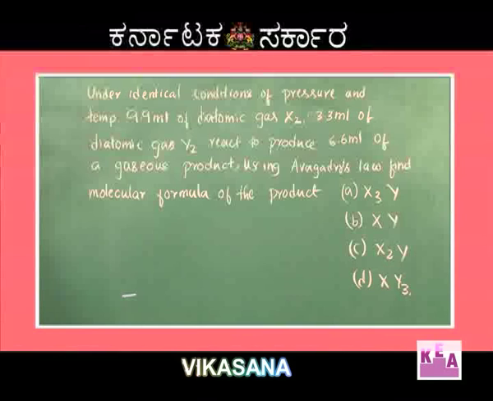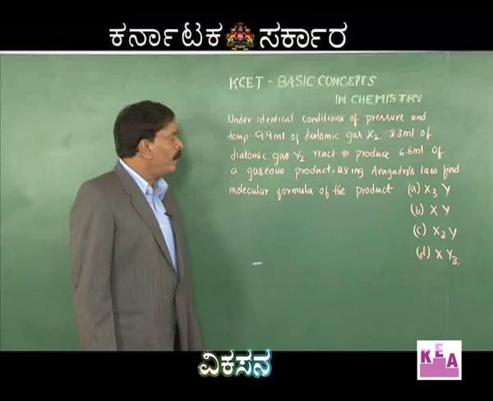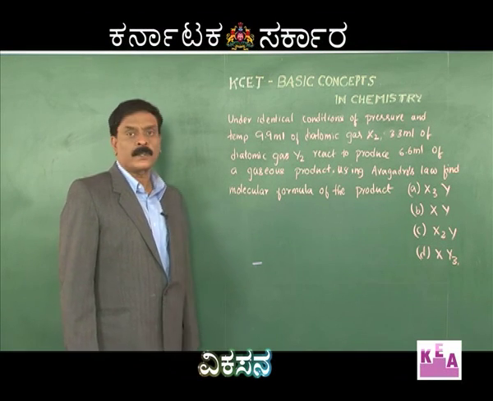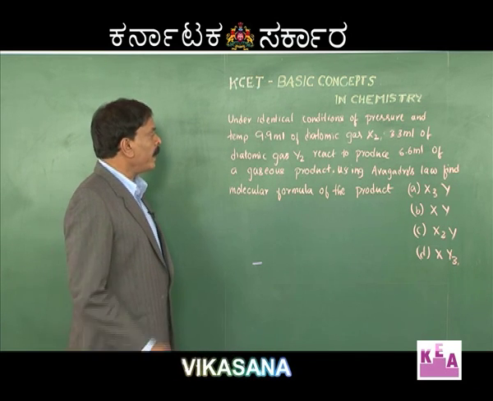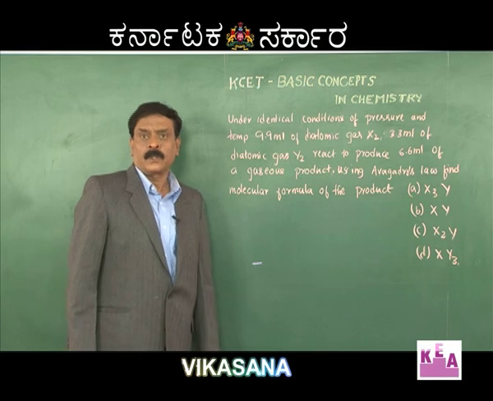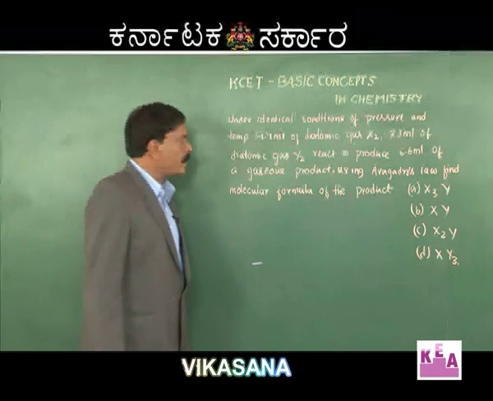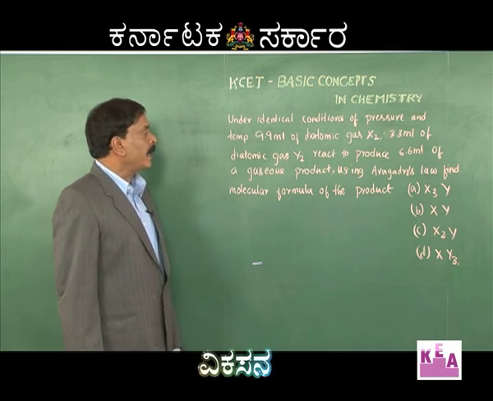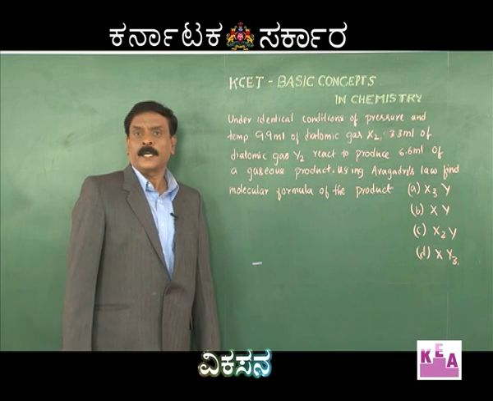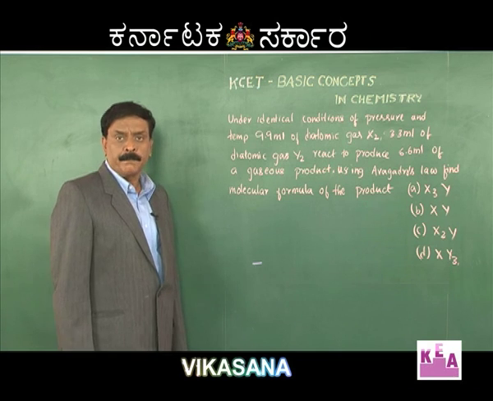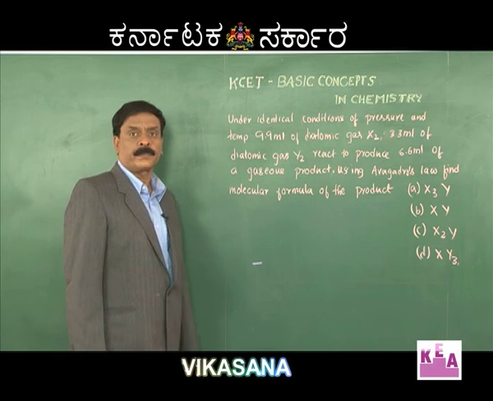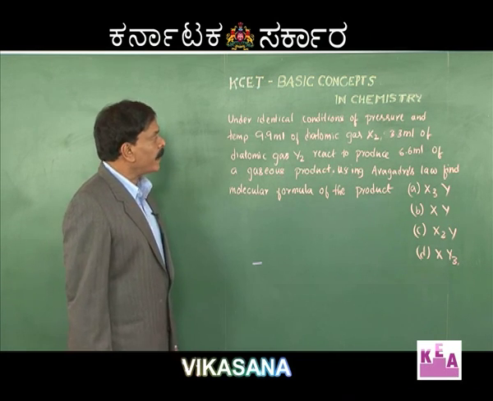Students, when you have to solve this question, we need to know what Avogadro's law is. Avogadro's law states that whenever gases combine to form a product which is also gaseous, then the ratio of the reactant and product gases will be a simple whole number ratio. So, what are the gases that are reacting here?